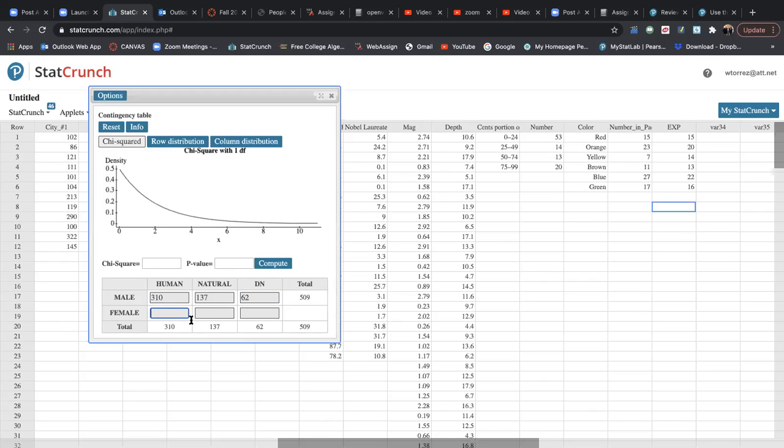The second row, 308, 166, and 67. Okay, now we'll hit compute. And there we have our statistics here. Chi-square is about 2, and a high p-value, 0.3674. Okay, so let's go back to the exercise.